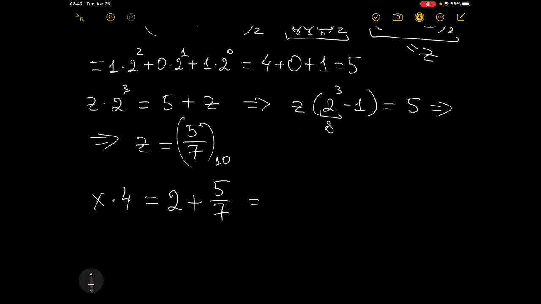So what is 2 plus 5/7? It's 19/7, right? So correspondingly from here, we are getting that x is equal to 19 divided by 28. Is it clear or not? Any questions?